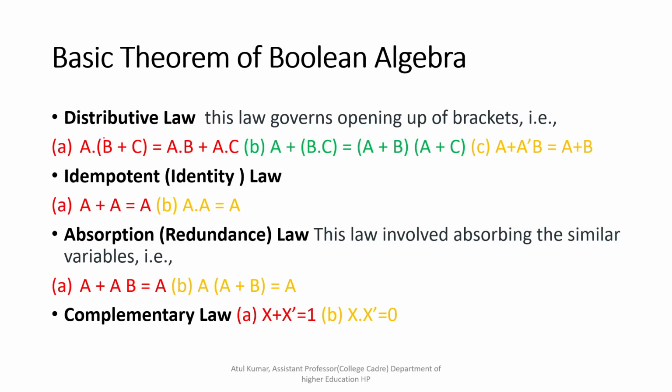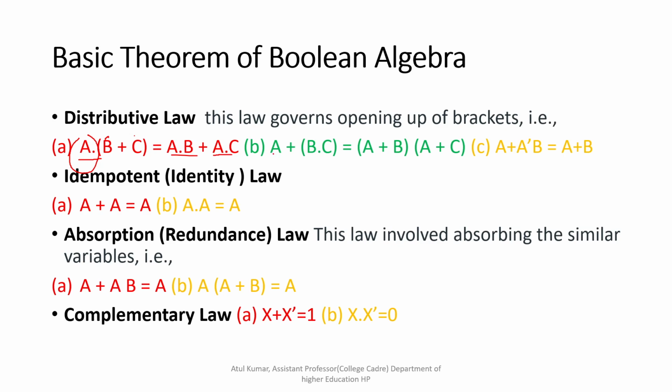Similarly, we have the distributive law, and this law governs the opening of the brackets. We have a dot (b plus c), that is, a is distributed equally between b and c, so it is equal to a dot b plus a dot c.